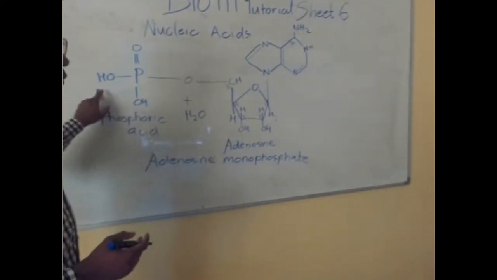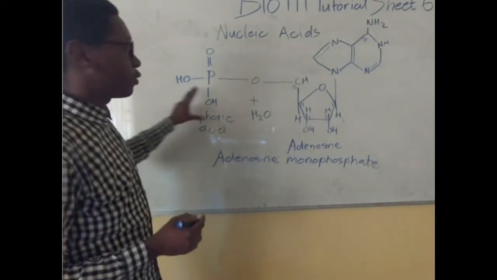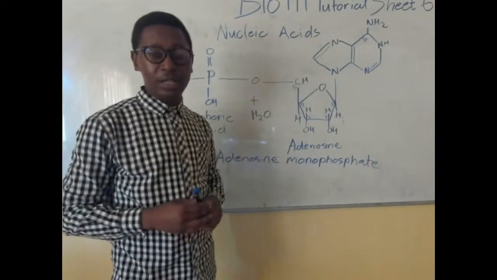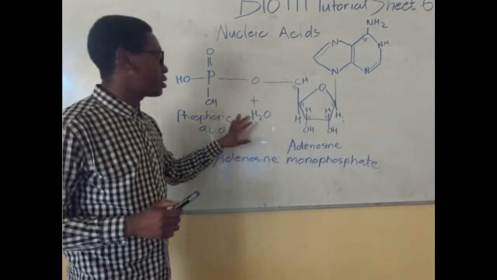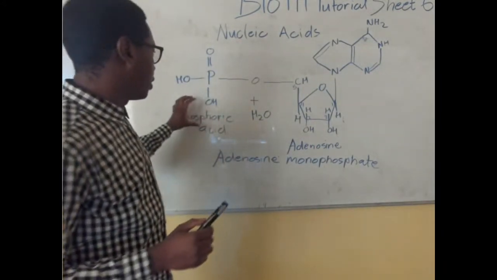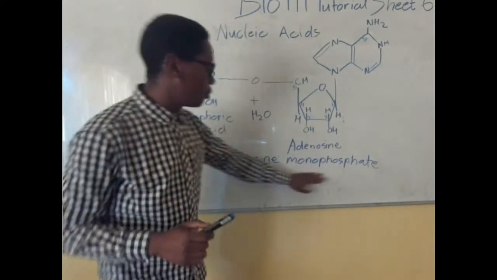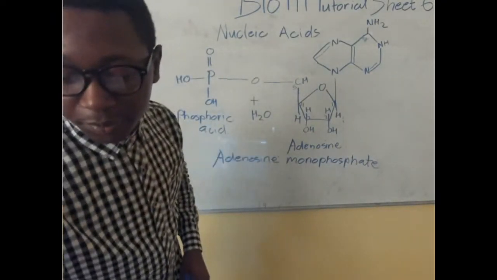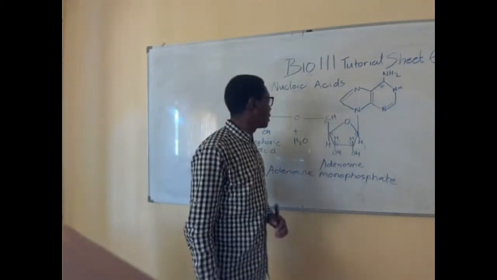If another one is added, it will be known as adenosine diphosphate, and if a third one is added, it will be adenosine triphosphate, which is commonly known as ATP, which you are all familiar with. But in nucleic acids, only one phosphate group is added to form adenosine monophosphate. Okay, so this is how we illustrate the formation of a nucleotide.